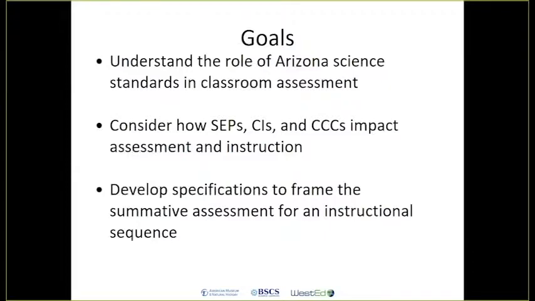And we look at the standards, our new Arizona Science Standards, and we develop what we call evidence of learning specifications, and they describe what qualifies as evidence for student proficiency of the standard. So teachers, then you're going to go on to develop in Tools 3 and 4 your actual unit. And as you're doing that, you need to go back and revisit these evidence of learning statements to make sure that you're staying in line with what you want your students to learn.